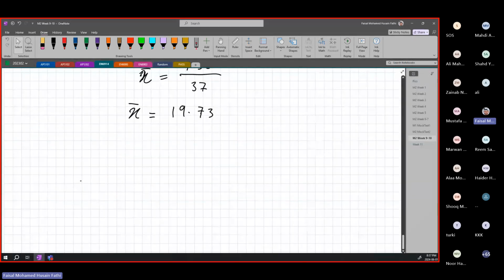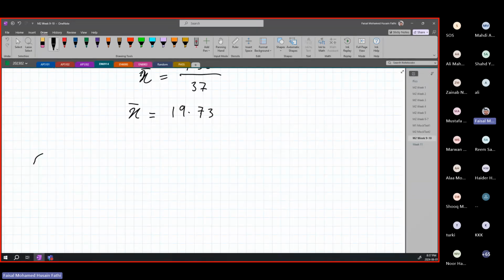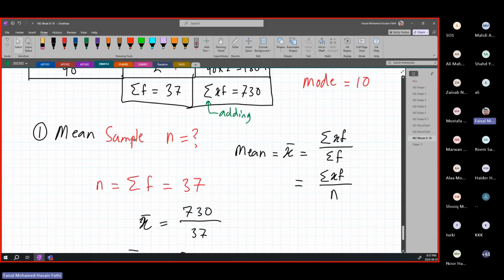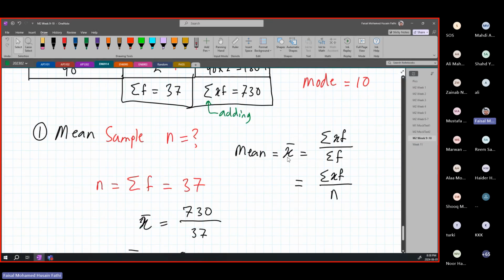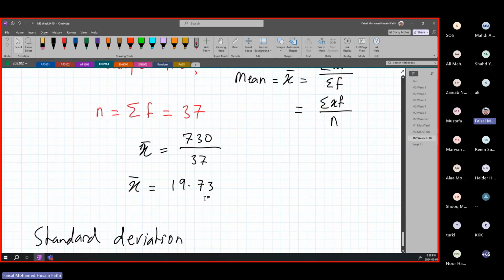The way to do that is by using something called the standard deviation. We want to know how much the numbers are deviating from your mean, which we have calculated here to be 19.73.